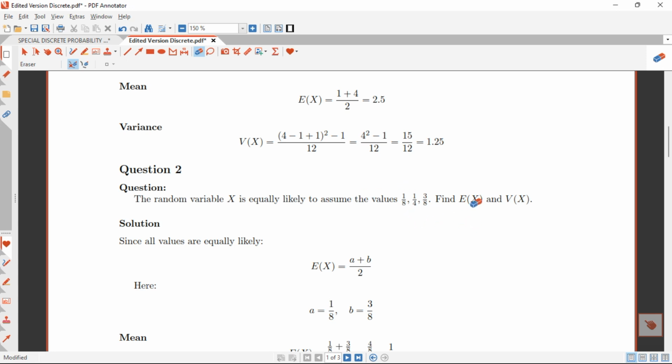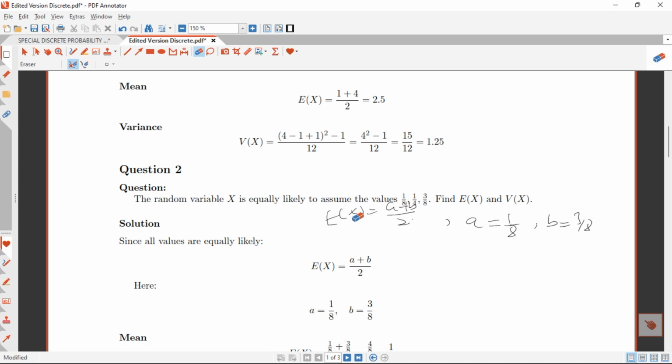So for us to be able to calculate our expectation and variance, we have to get our a and b. For the expectation, we know that the expectation of x is equal to a plus b divided by 2, and from these consecutive values we have here, our a is equal to 1 over 8, and then our b is equal to 3 over 8. That is what we have here.